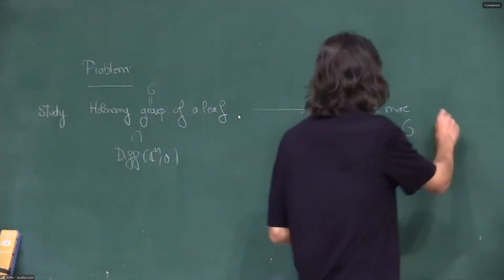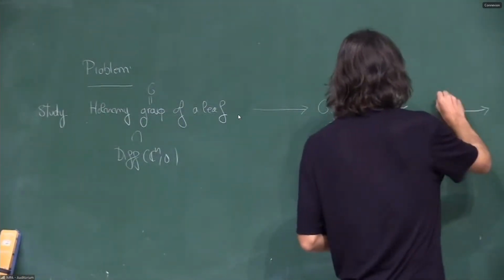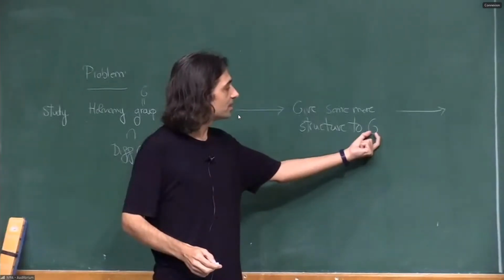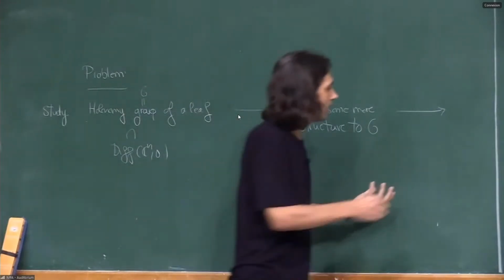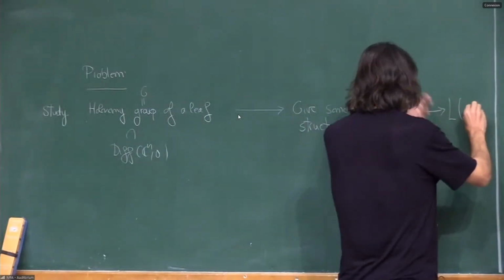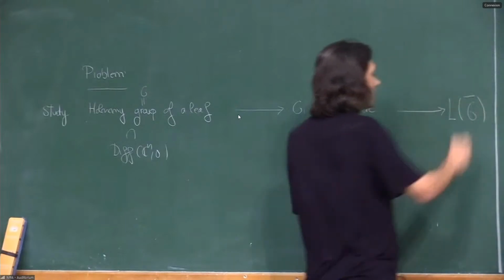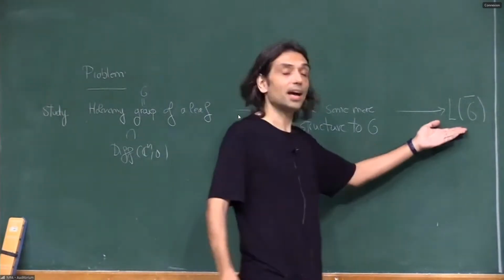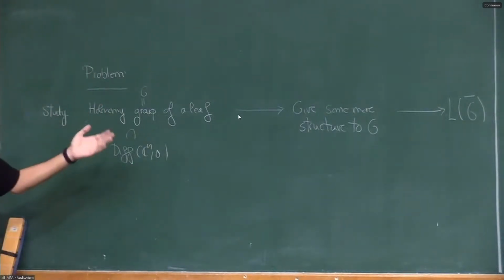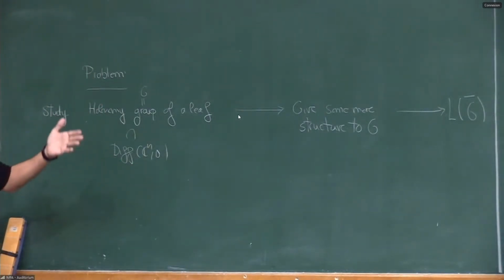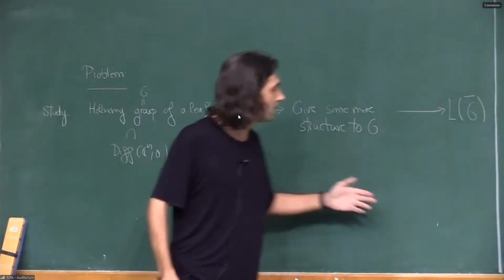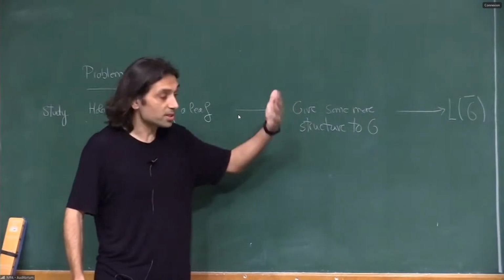And in particular, a technique that you can use several times is when you go, in our setting, to the Zariski closure, you can define, I'm going to talk about this soon, the Lie algebra of the Zariski closure. In that way, you get an object in which you are somehow linearizing the initial setting, and it's much simpler to deal with this Lie algebra than the initial group, for certain problems at least.